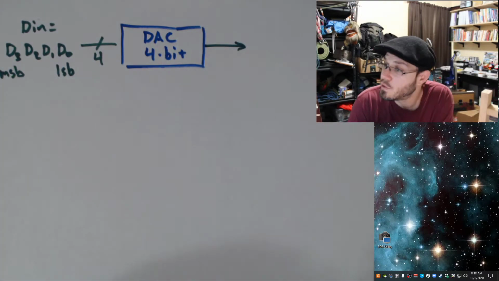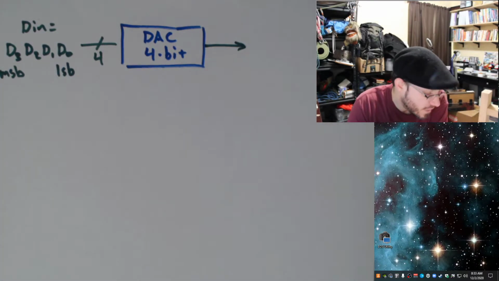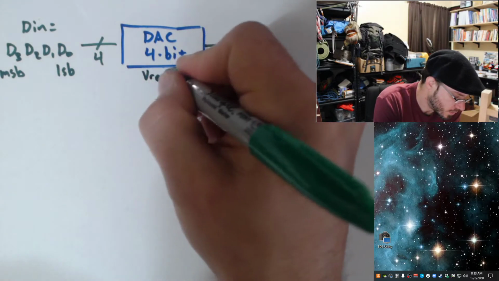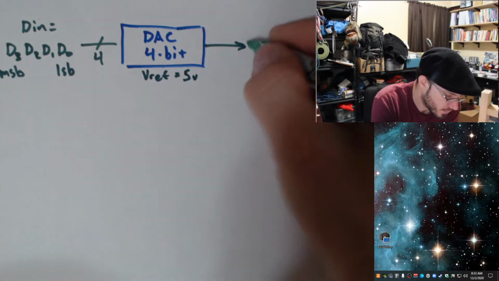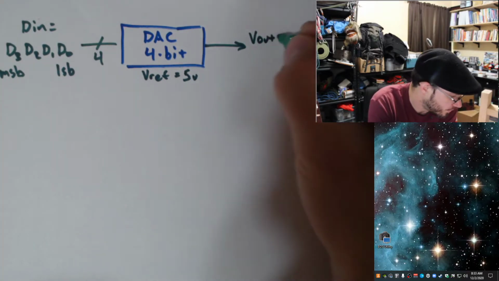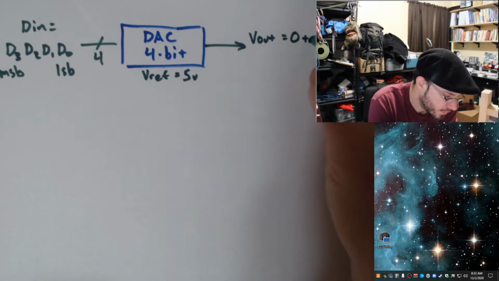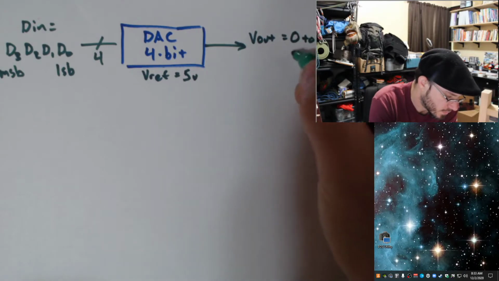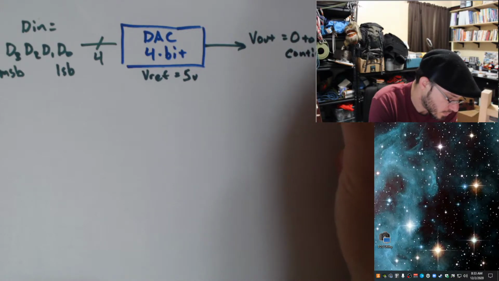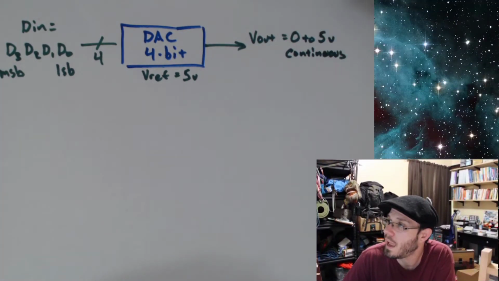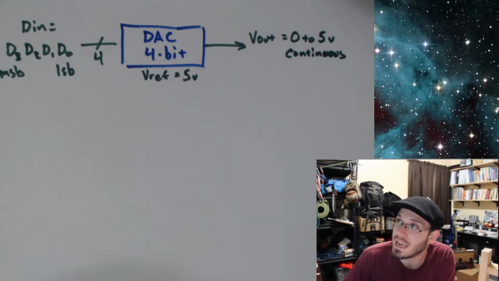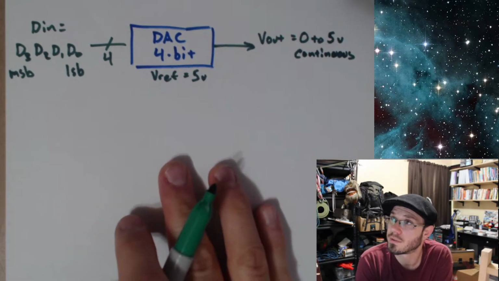And coming out of this, let's say our Vref is equal to 5 volts. That means V out is going to be equal to 0 to 5 volts. And I'll write continuous just under here in order to emphasize that it's all values in between 0 to 5 volts.